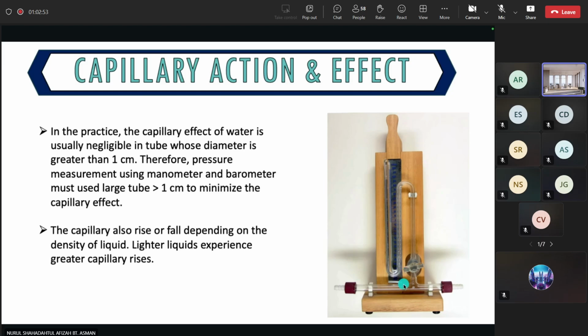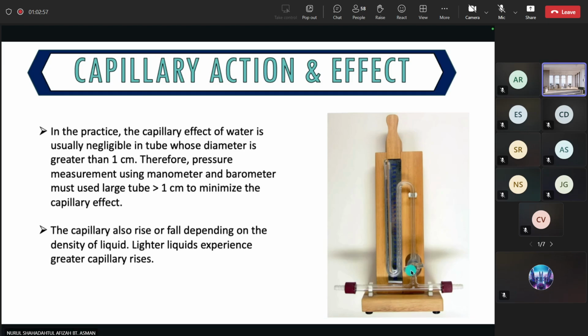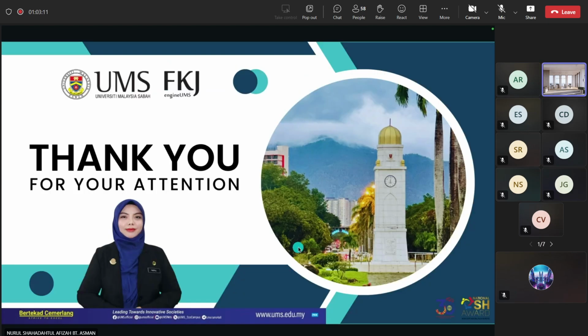I think you will see this in your lab in year 3. Next, capillary rise or fall also depends on the density of the liquid. Lighter liquids experience greater capillary rises. I think that's all for today's lecture.